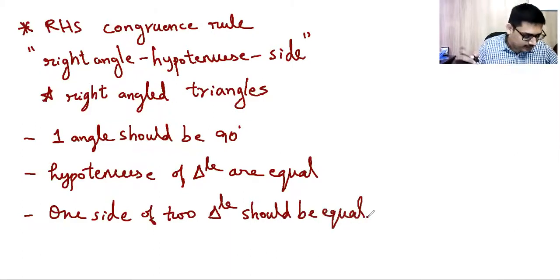Is that correct? So we can say in a statement, if in two right triangles the hypotenuse and one side of one triangle are equal to the hypotenuse and the one side of the other triangle, then the two triangles are congruent.